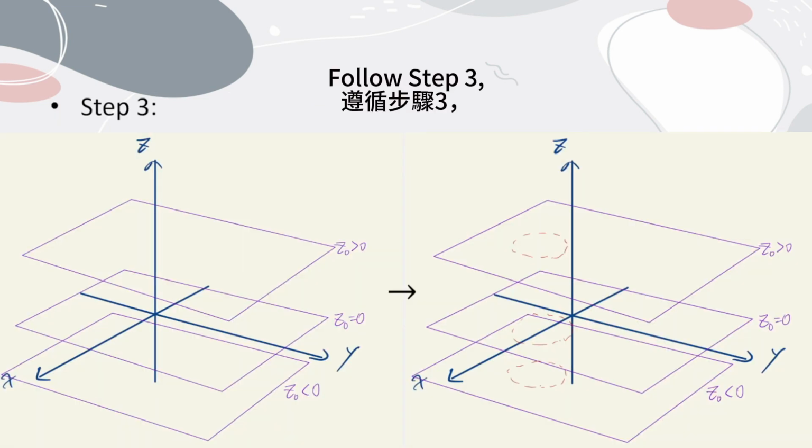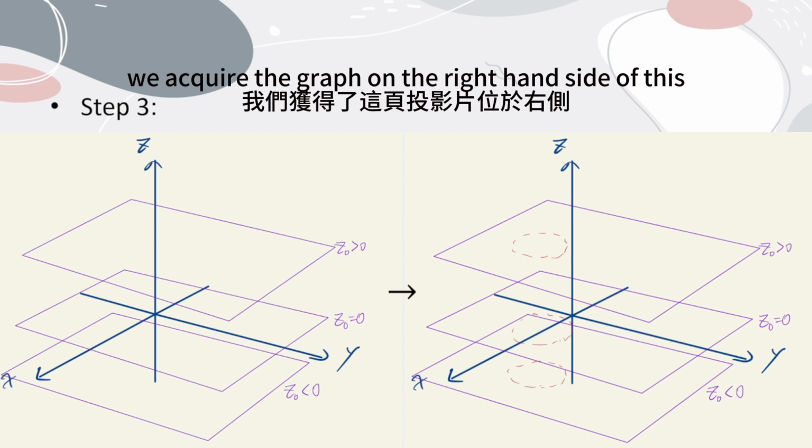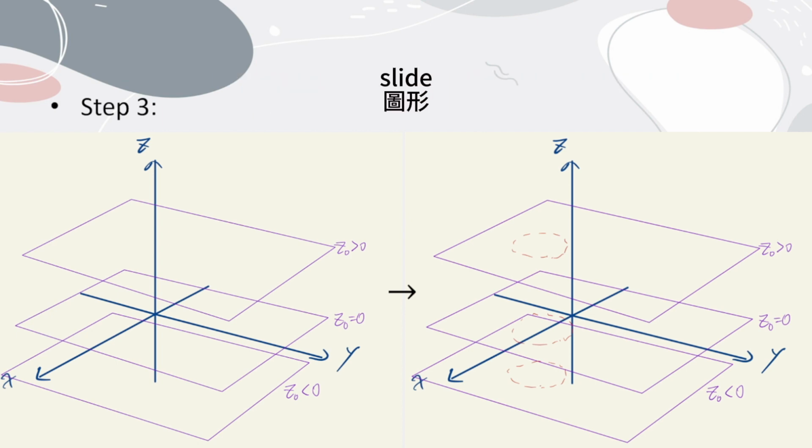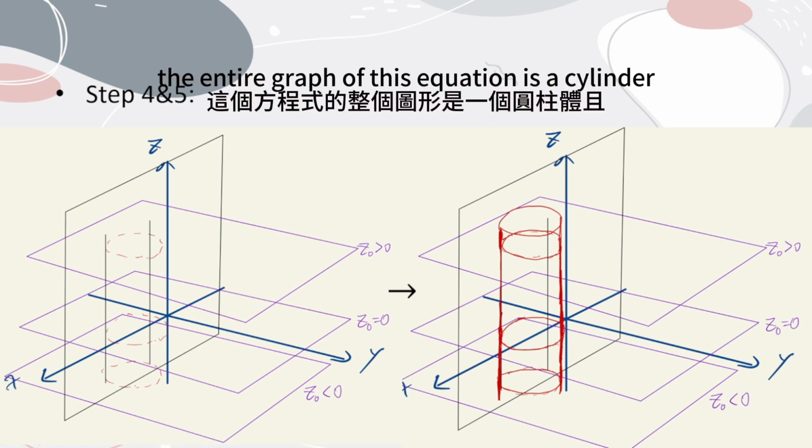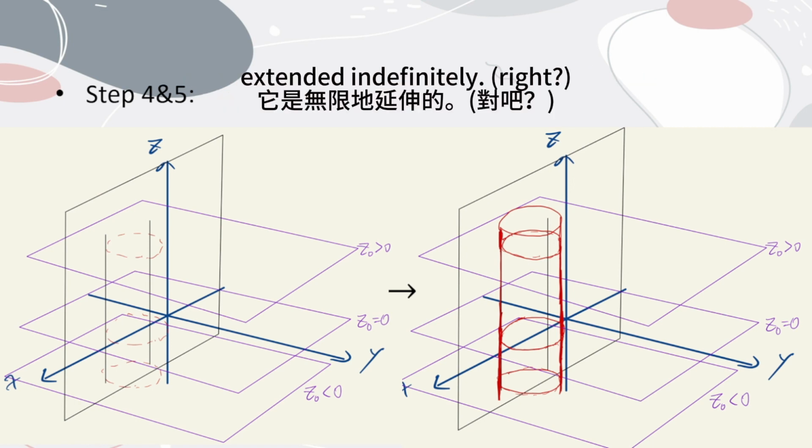Follow step 3. We acquire the graph on the right hand side of this slide. According to step 4 and step 5, the entire graph of this equation is a cylinder extended indefinitely, right?